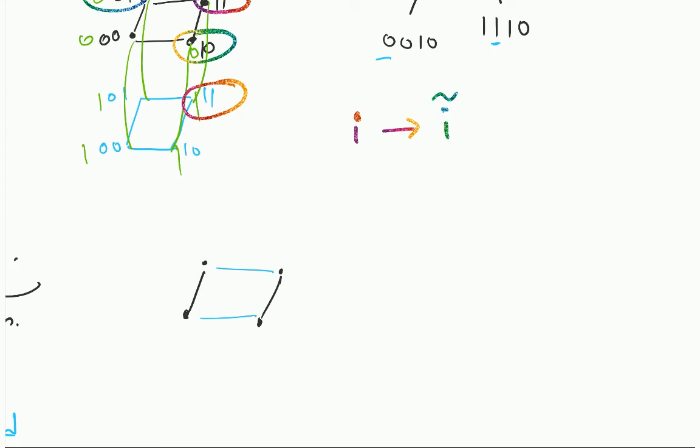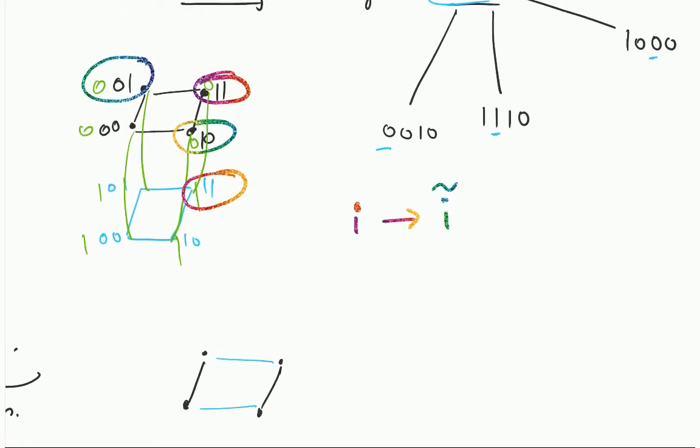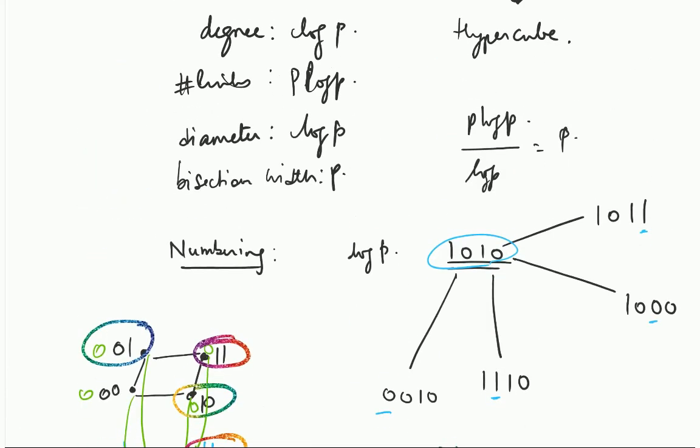The new links I added is nothing but the bisection width. It divides the network into 2 equal halves because I just replicated half the network. So the number of links that I added in the last step is actually the bisection width, and that is nothing but, if the total number of nodes is p, p by 2. Okay. So that means bisection width should have been p by 2.